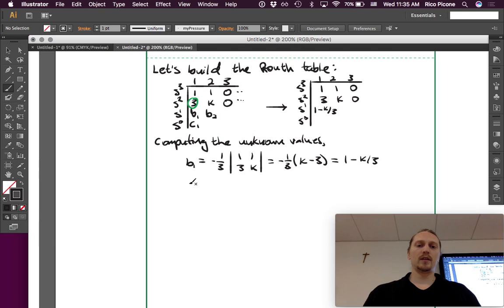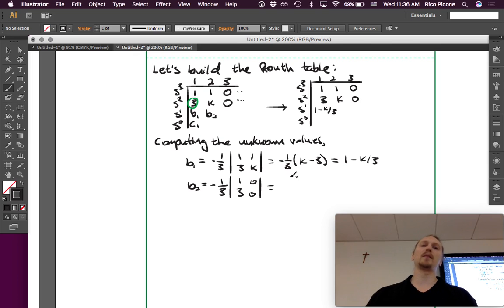B2 is equal to, once again, it's going to be negative, all the b's are going to be negative 1 over 3 times the determinant of something. So it's always the first column, 1, 3, and then what is our second column? 0, 0. And we have 1 times 0 is 0, minus 3 times 0 is 0.